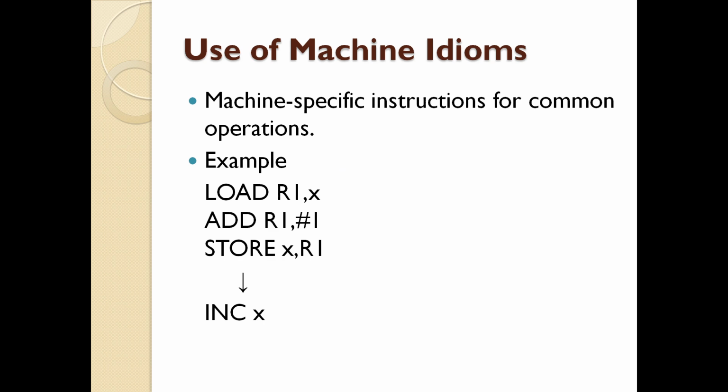Suppose processors provide special instructions for frequently used operations. These instructions are called machine idioms. Instead of using multiple instructions, the compiler replaces them with a single specialized instruction. See, here we have load x into R1, add 1 to R1 and store the R1 value back into x.